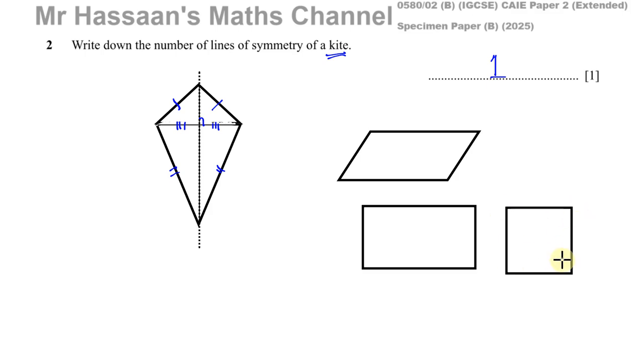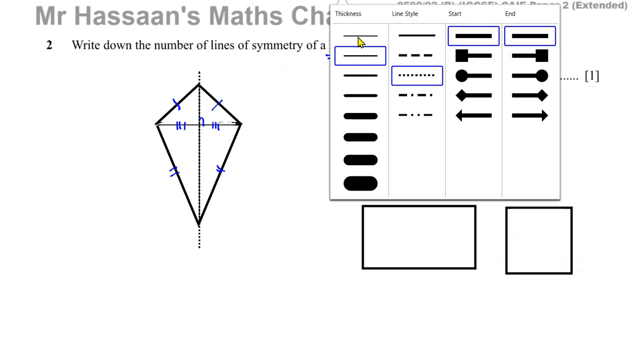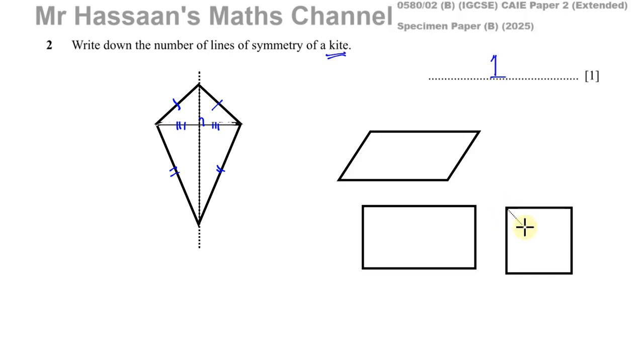The angles are 90 degrees, and the diagonals are equal in length, they bisect each other, and they are perpendicular to each other. Just like in a kite, but in a square they're also equal in length.